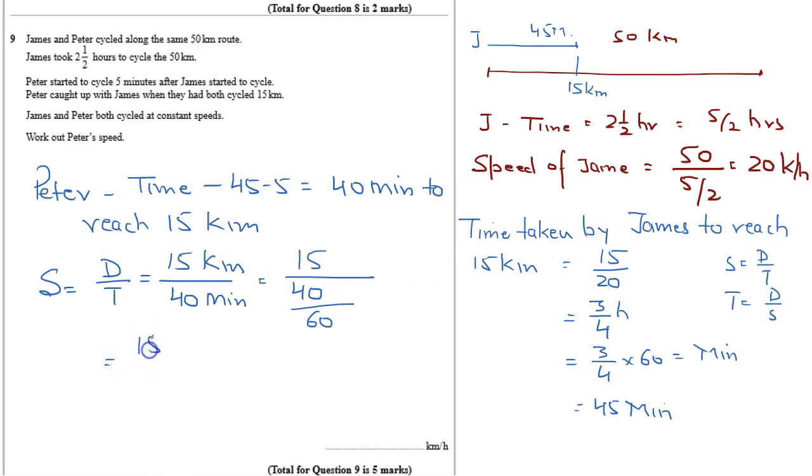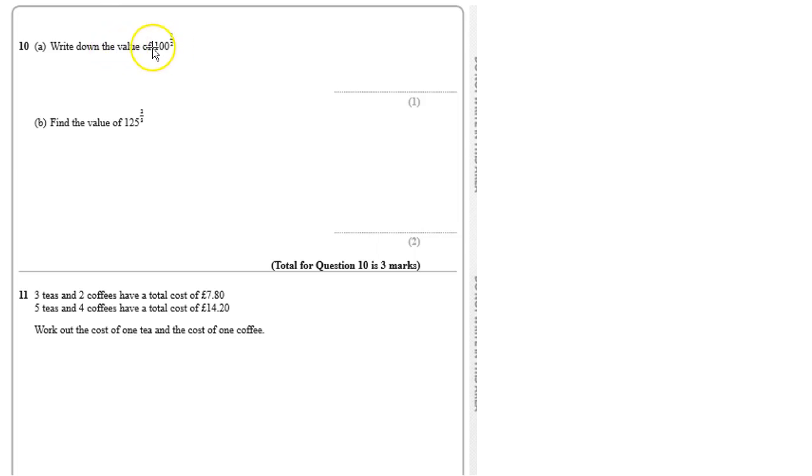So that is 15 into 60 over 40. This cancel. 2 times 2 is 4, 2 times 3 is 6. So that is 45 over 2 kilometer per hour. That is 22.5 kilometers per hour. Write down the value of 10 is to the power half.